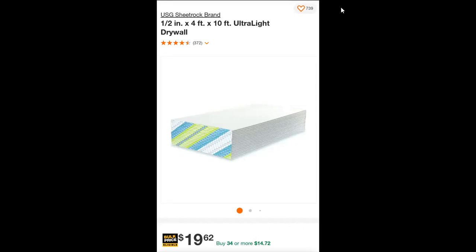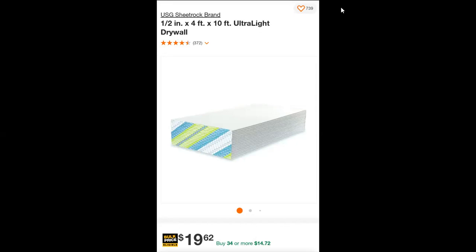It basically costs $20 per sheet. But if you can buy 34 or more, the price is reduced to $15 a sheet. Just like we said earlier in previous examples, this is how you're almost encouraged or rewarded by being able to purchase items in bulk.